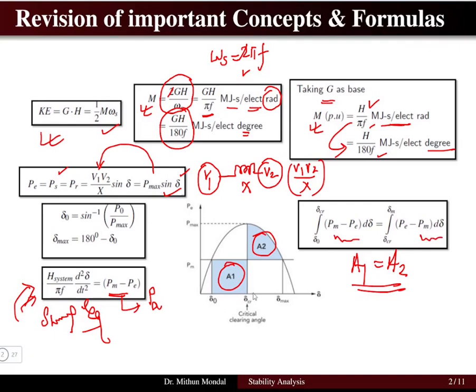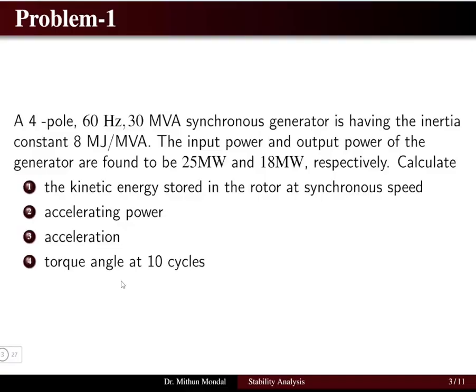So for a certain critical angle delta of the system above which the system will lose its synchronism, we can calculate the initial value of the torque angle and the maximum value of the torque angle given the equation of the power for the initial power and the maximum power. Based on these fundamentals, we are going to solve few problems.